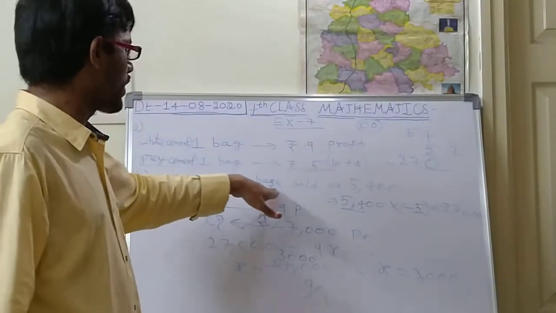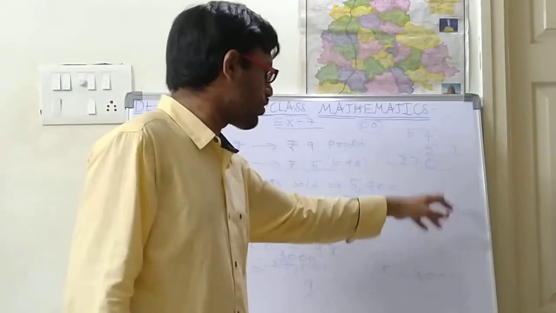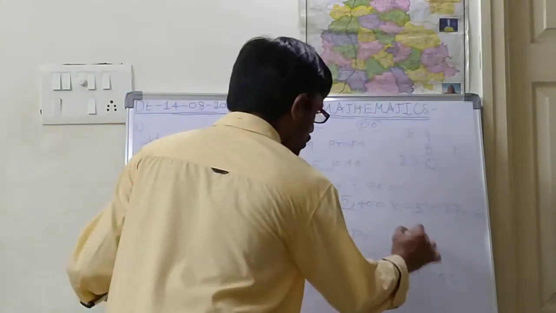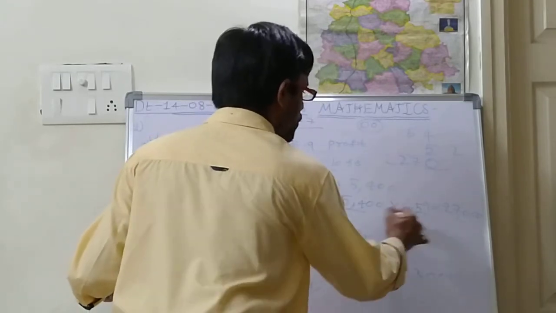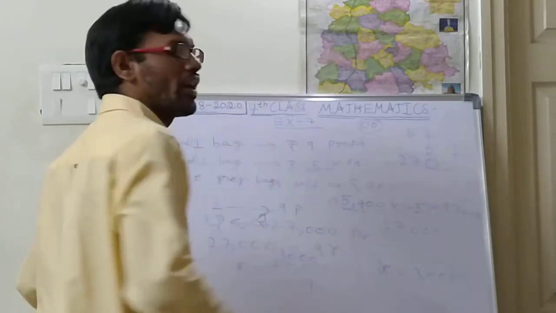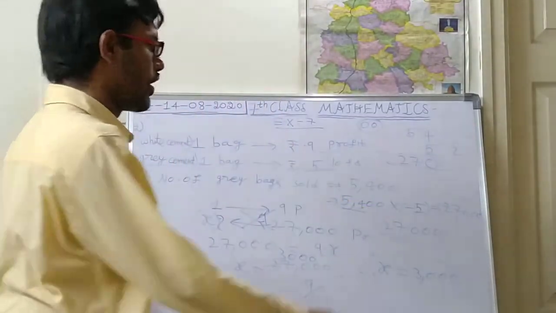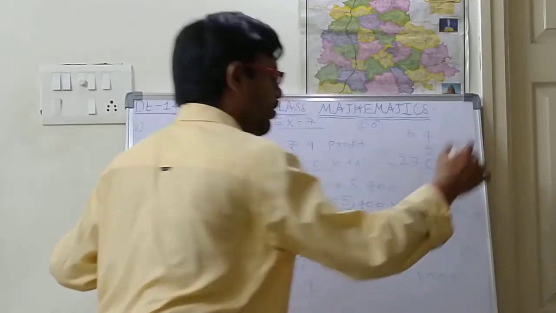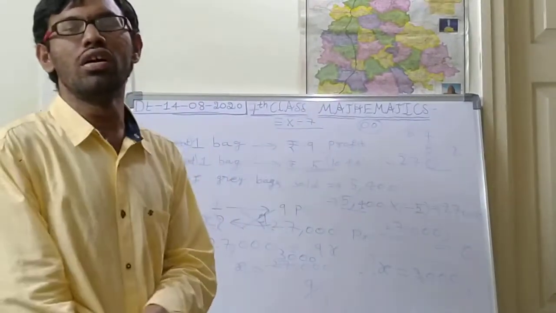The number of grey bags sold is for the 27,000 only. If you add these two, there won't be any profit. So 27,000 minus 27,000 gives 0. That means there is no profit or no loss.